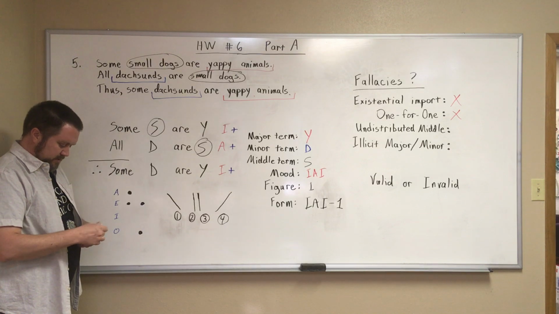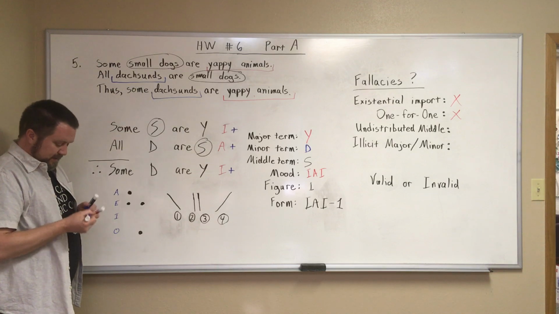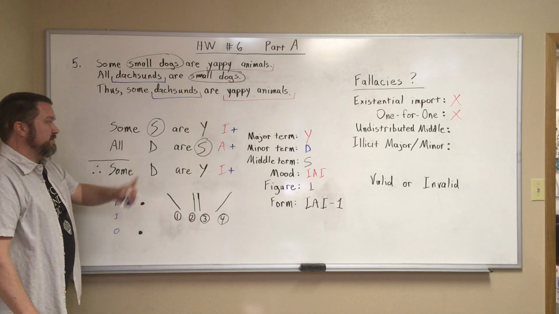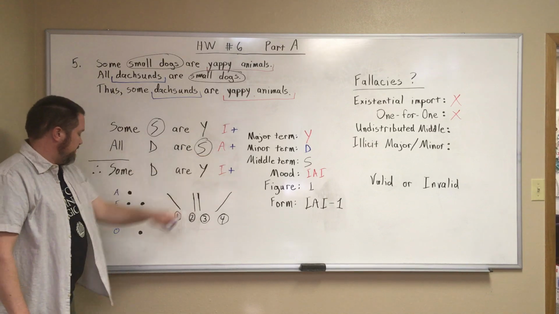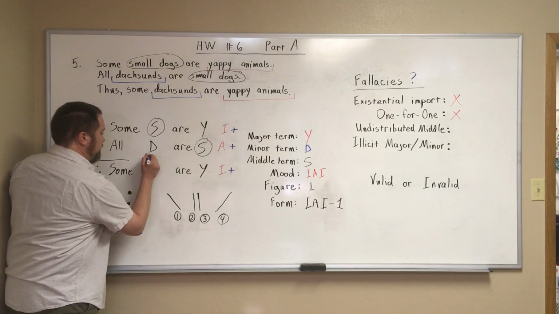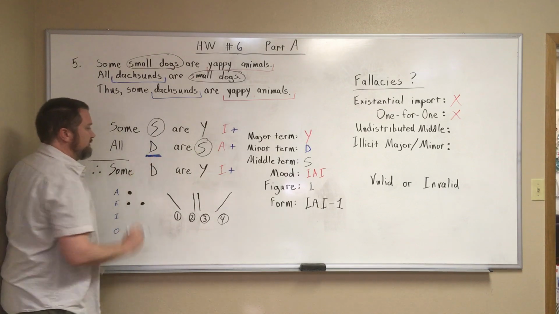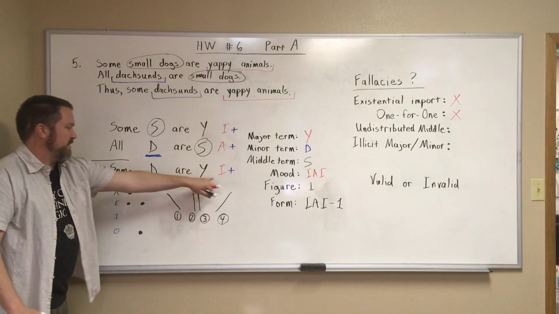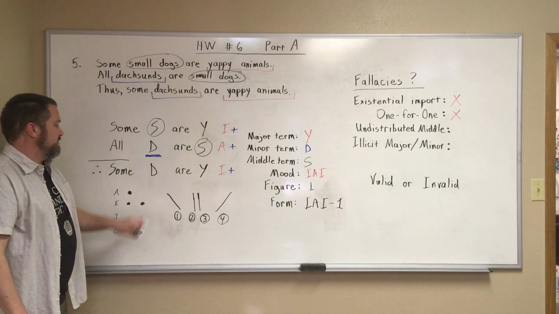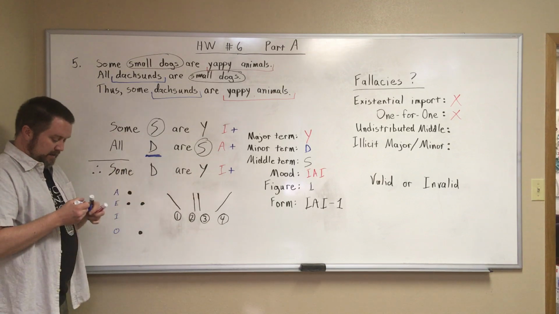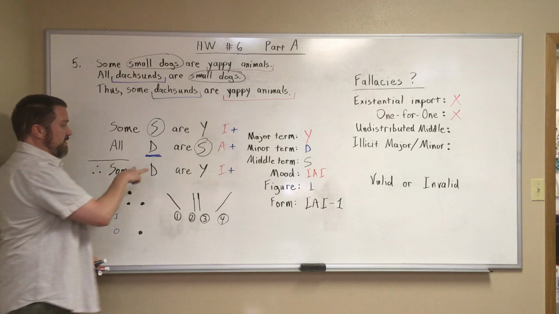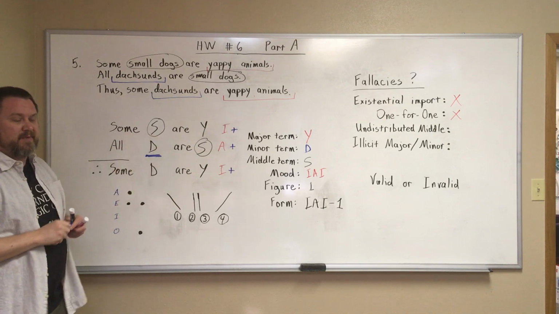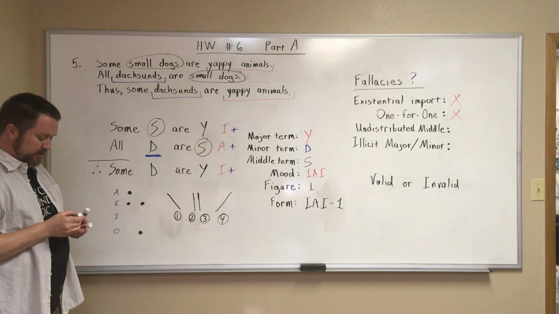So let's go ahead and underline these so we can see them clearly. First one is an I statement, nothing's distributed. Second one is an A statement, so the first term, D, is distributed. The conclusion is an I statement, nothing is distributed, so we don't underline anything. So out of this whole argument, the only distributed term is D in the second premise, but not in the conclusion.